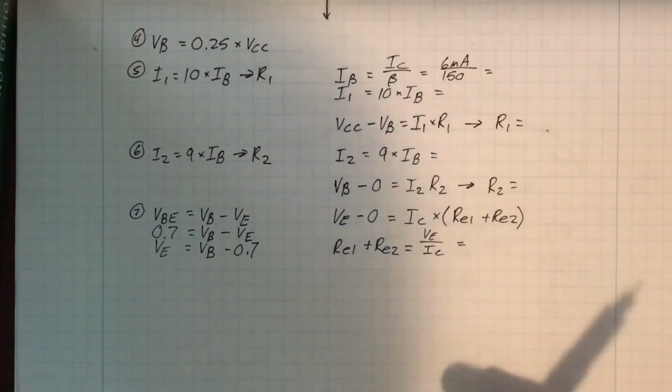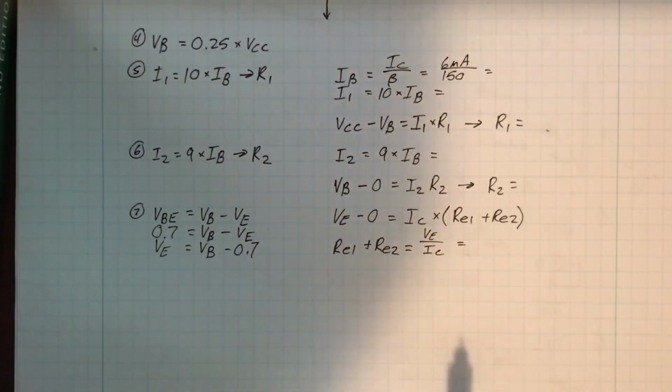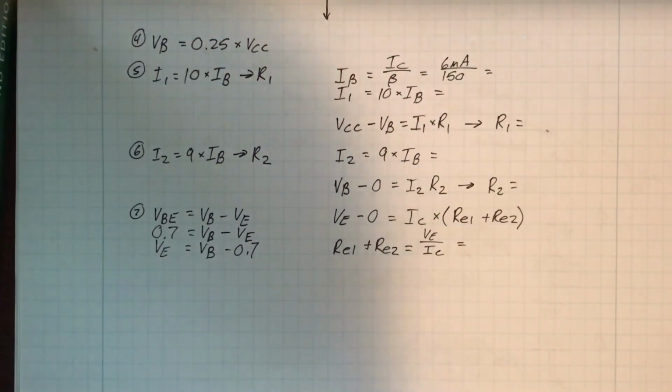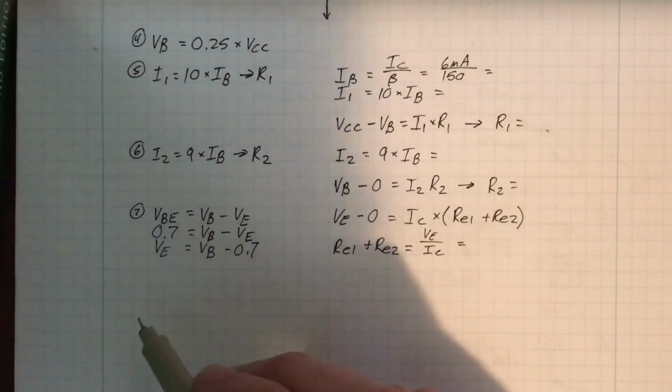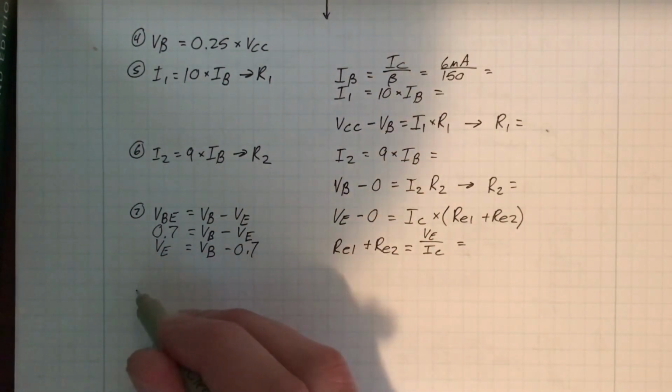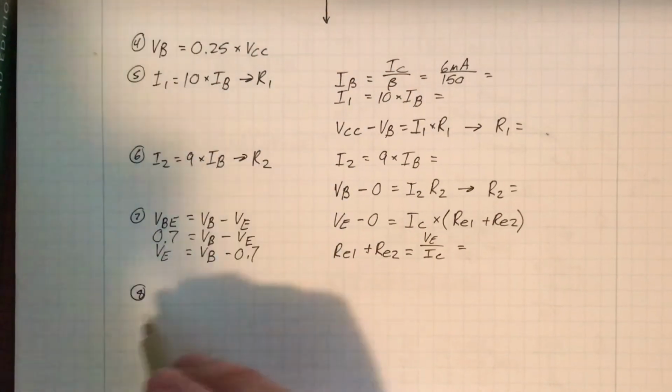The next part is we need to determine at least one of those so we can figure out what the other one is. The only thing we haven't really used yet is the gain equation. You chose a gain at the start of this, so we're going to use that now.